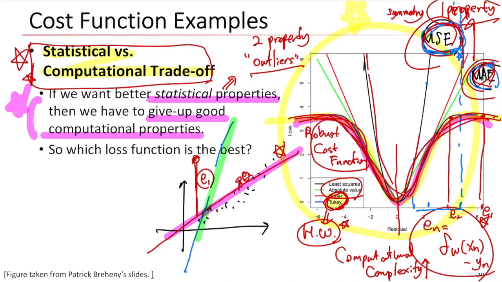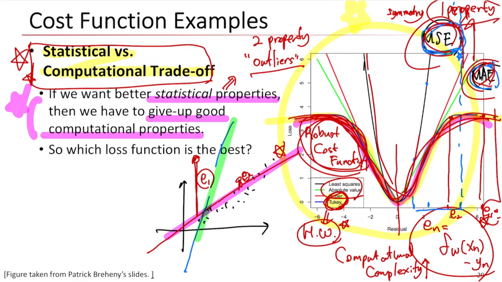It means that if there are very large errors on the training samples, this robust loss function can ignore those very large error samples. But the robust cost function is much more difficult to compute and write down.